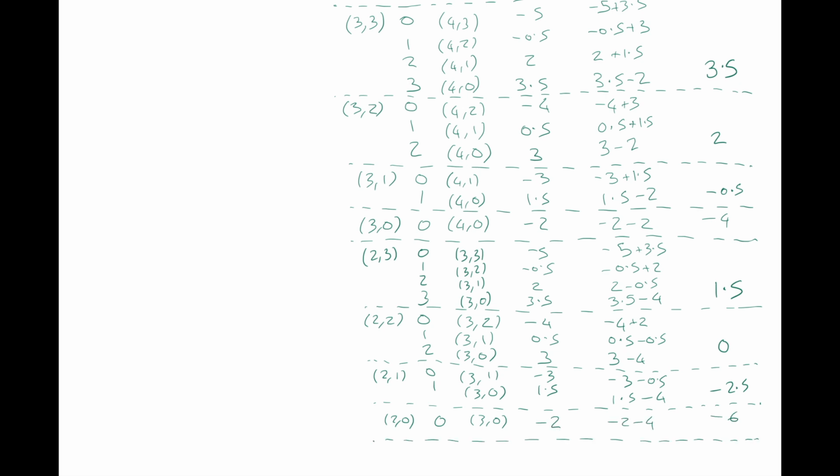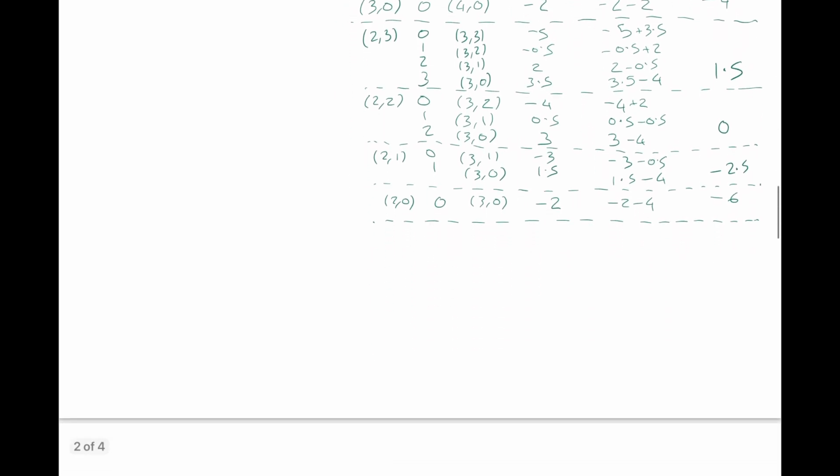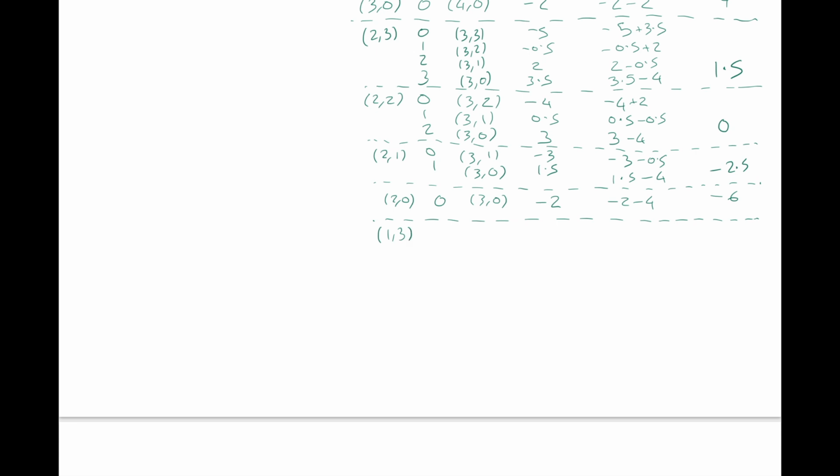And now the same for all the day 1 states. And again we have a tie, so both defrosting 1 and 2 boxes will give this a value of minus 0.5, which is the best we can do here.